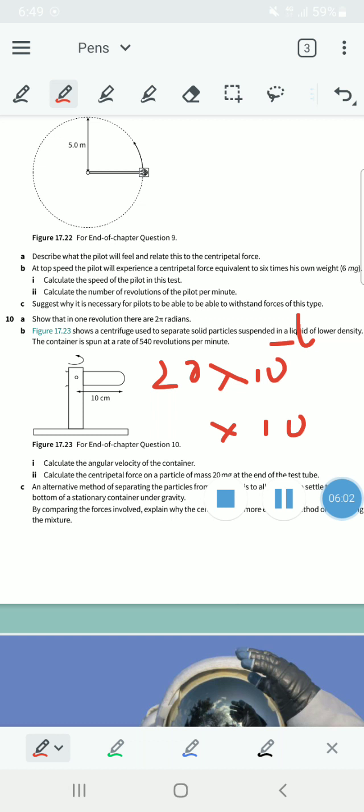That would be 0.0002. So that is very much less than the centripetal force that is needed. As a result, the centrifuge is going to be quite fast and effective.